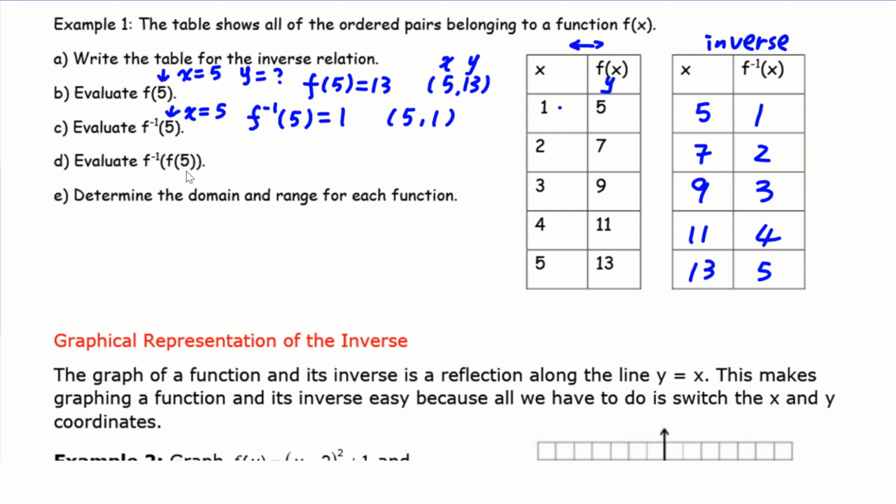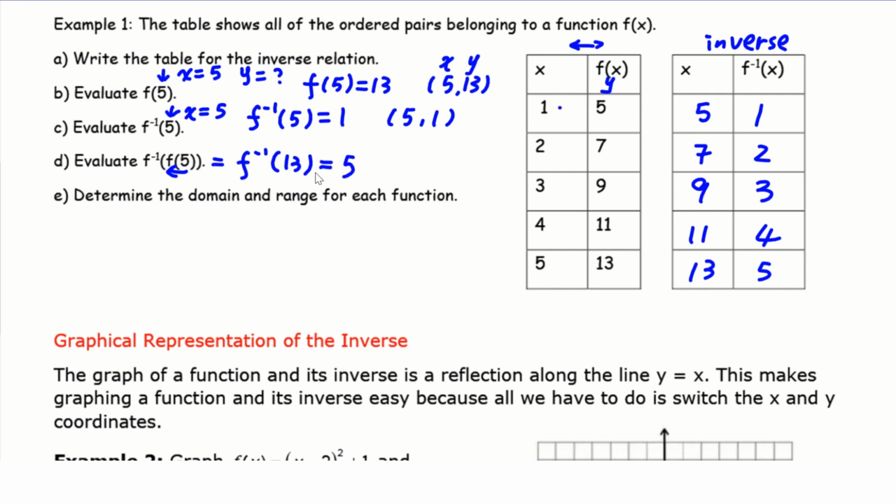Now evaluate the inverse of function f at f of 5. Go from inside out. We start from f at 5, which gives us 13. Then we look for the inverse function. Input is 13, then output is 5.